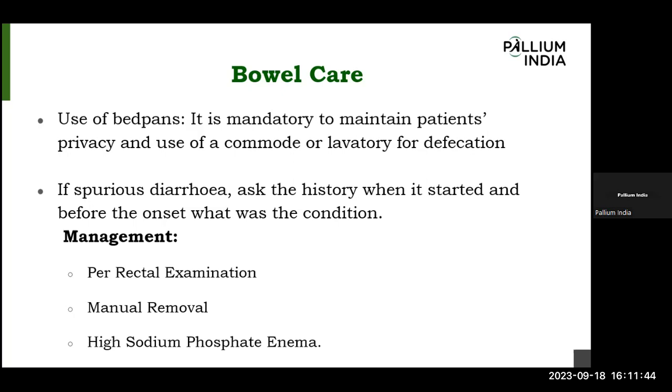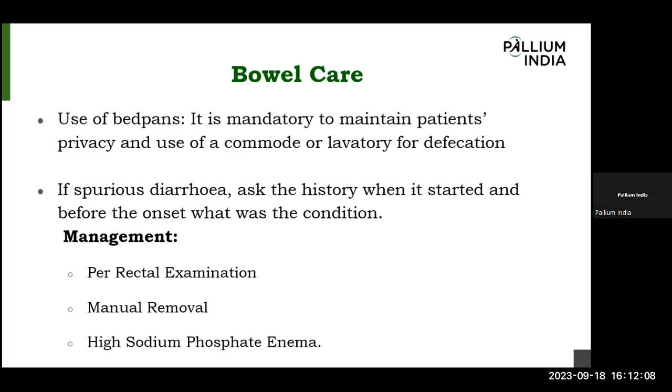This is very important for bedridden patients especially, because in bedbound patients the bowels are not satisfactorily moved. At that time there is a chance of fecal impaction, and that leads to spurious diarrhea. Here chronic constipation can cause spurious diarrhea.